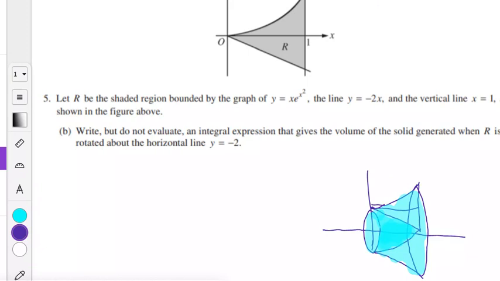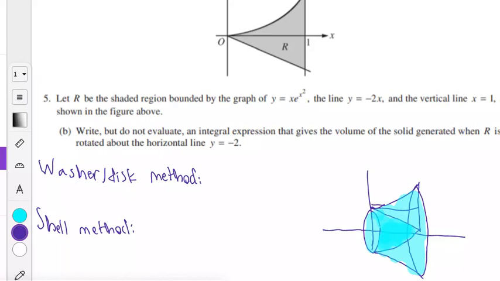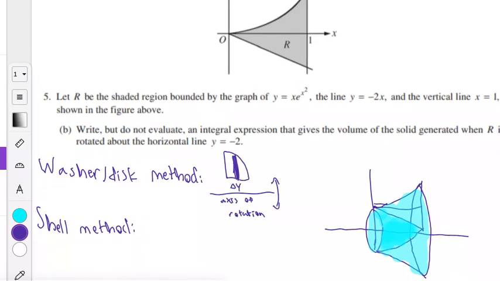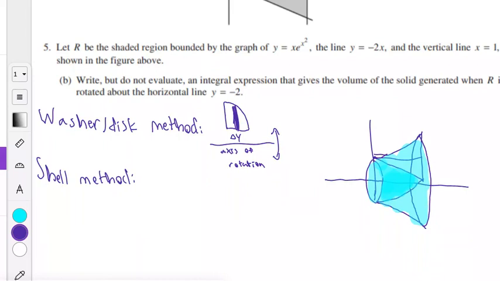From Calculus AB, you may remember the washer and shell method. The difference between these two methods is that for the washer method, you're finding the volume of slices that are perpendicular to the axis of revolution, whereas with the shell method, you're finding the volume of slices that are parallel to the axis of rotation.